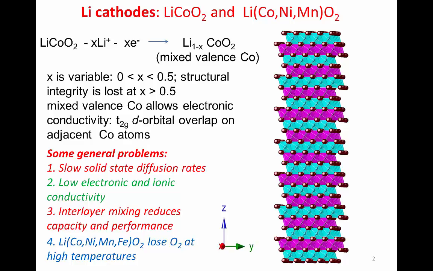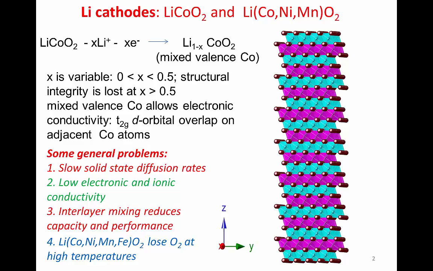this gives rise to increased electronic conductivity, because of electrons in the d orbitals, which chemists know as the t2g d orbitals. If you're not a chemist, it doesn't really matter too much, but the d orbitals on adjacent cobalt ions overlap.